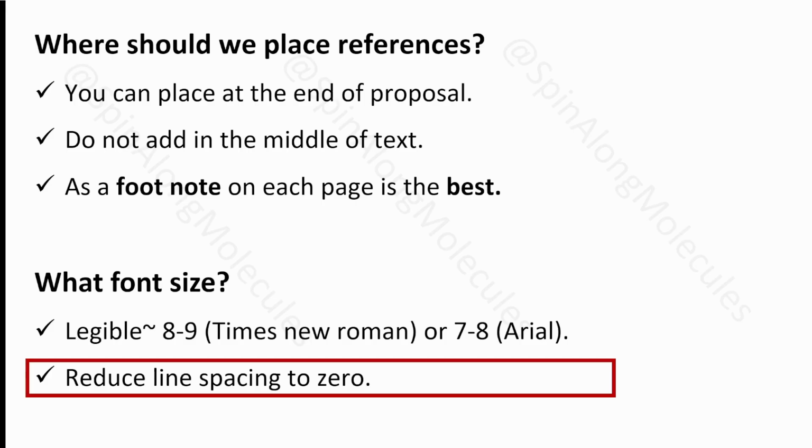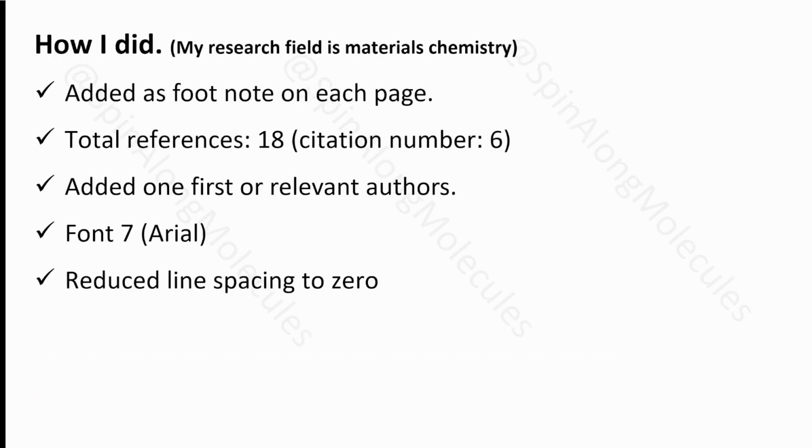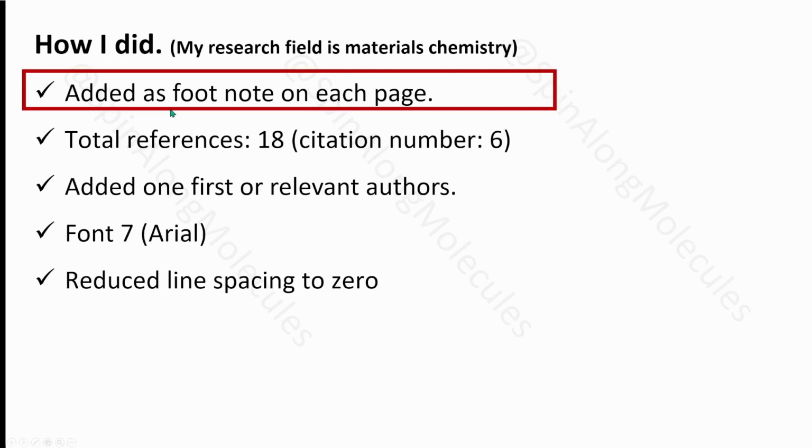Next I will show how I managed my references in my MSCA proposal. My field of research is material chemistry. It depends on your field how you should add them, but more or less these instructions would be useful. I added my references as footnotes on each page.